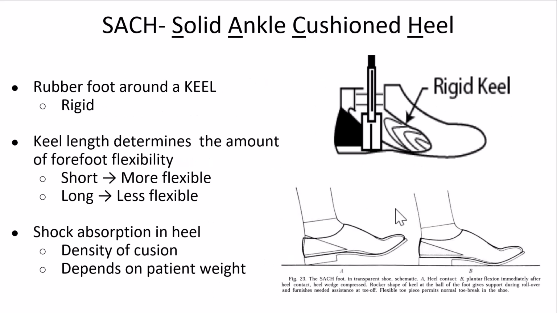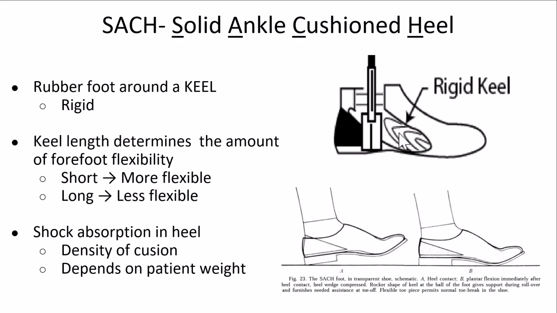SACH stands for solid ankle cushioned heel. You can see an example of a SACH foot shown on the right-hand side of the slide. Essentially, you have a rubber foot, so the foot itself is rubber, but the keel inside is a rigid piece, usually made of wood.